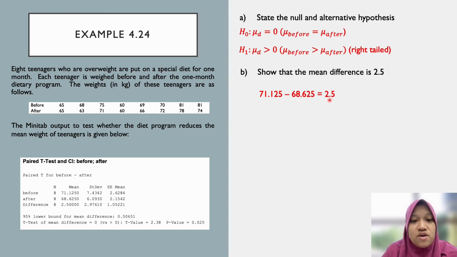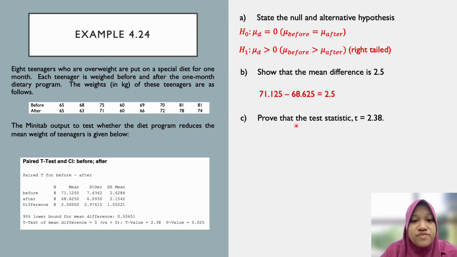So we get a mean difference of 2.5. If you are not given the output, you need to calculate on your own. Find the difference for each pair, then find the summation of d and divide by n, so you will get the mean difference.